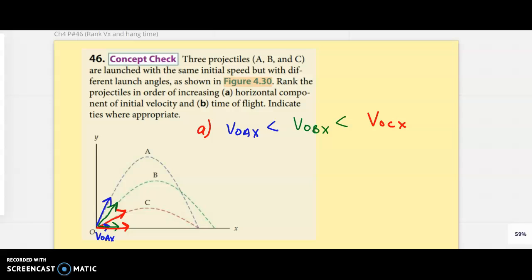Then they also wanted you to indicate the time of flight. Now the time of flight is going to be more of a y direction thing. Since A is going up really steeply, its y component is pretty big. B's y component, I'll just draw it over here, is not as big, and C's is really not as big. Since the acceleration is the same, it's always going to be 9.8.